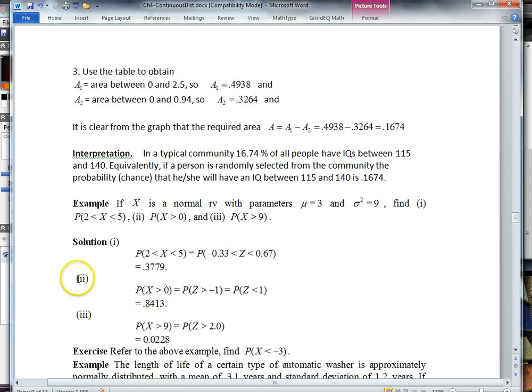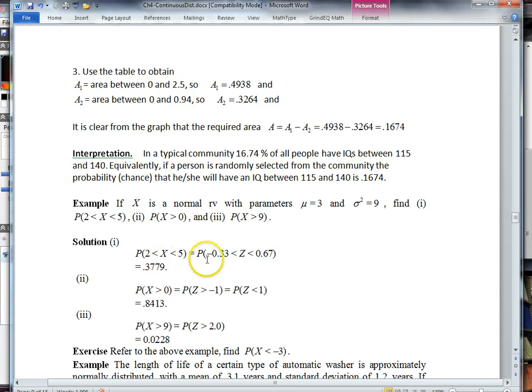Another example, quick. So if x is a normal random variable, say with the mean mu and the variance 9, find the probability x between 2 and 5. Well, I have to remember now I need to use the standard deviation, so I'm going to change that to sigma equal 3, and then P of x between 2 and 5, I need to convert this to z-scores.